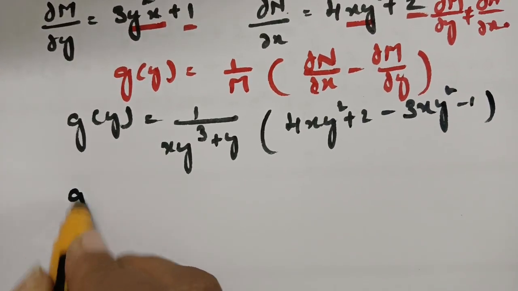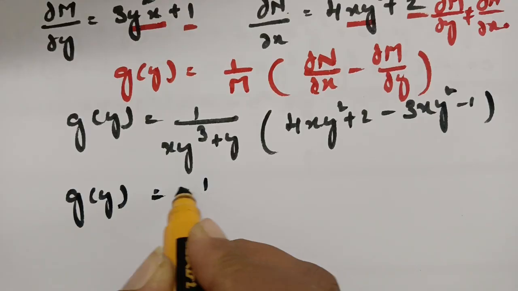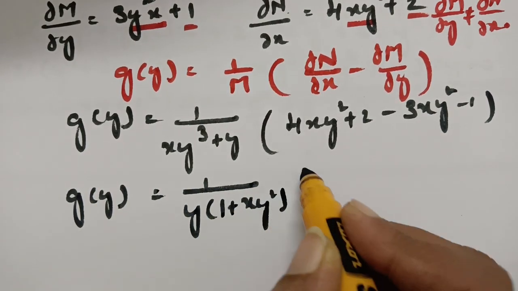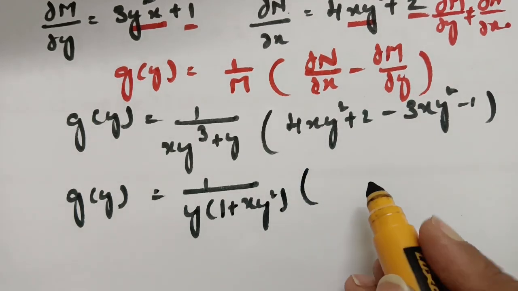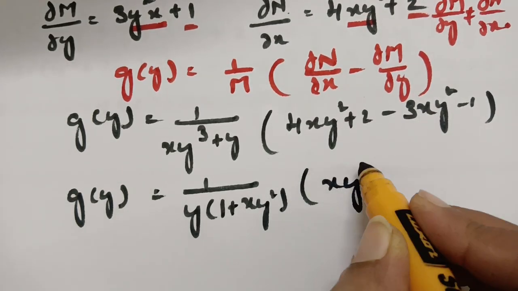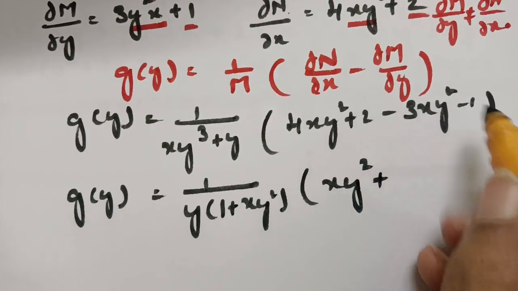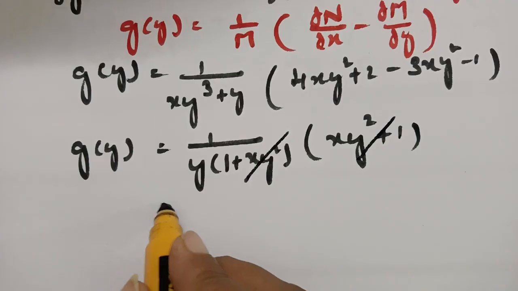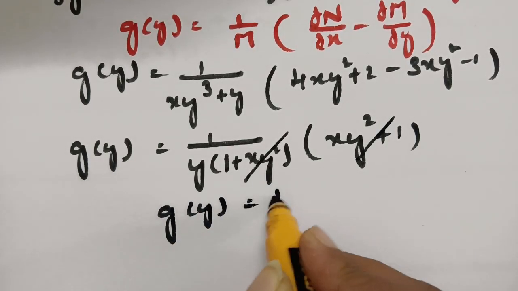Taking y common, this is 1 by y times (1 plus xy square), and in the numerator 4 minus 3 is 1, that is xy square, and 2 minus 1 is 1. Now I can cancel these two, and g of y is 1 by y.